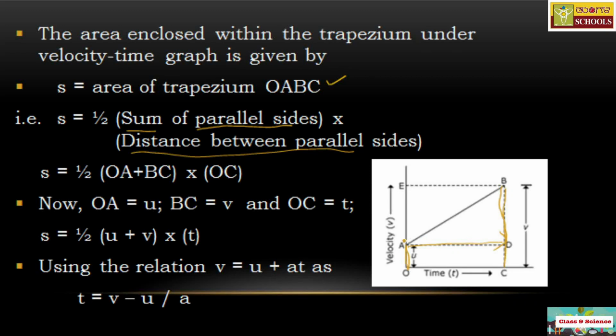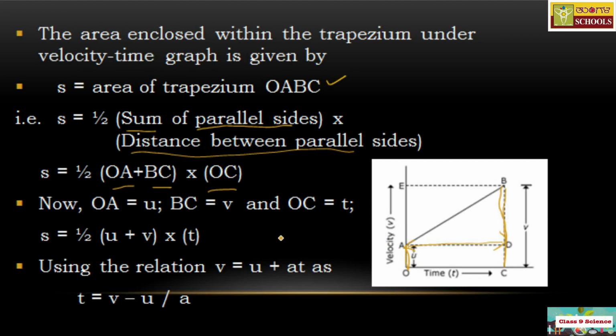You can write the area as half of OA plus BC into the distance between these two parallel sides, and that is taken here as OC. Therefore the same displacement S is equal to half OA plus BC into OC.